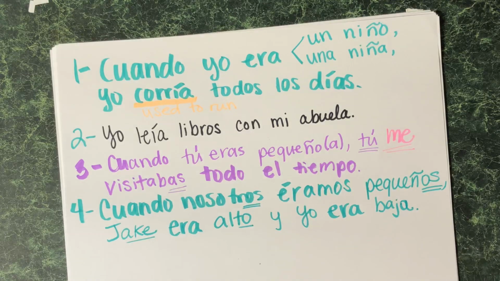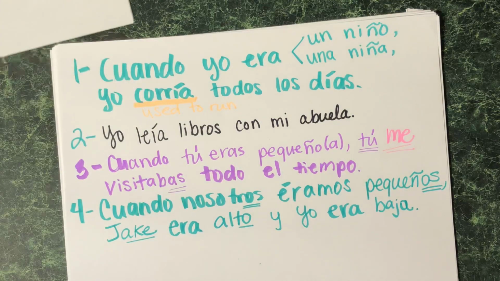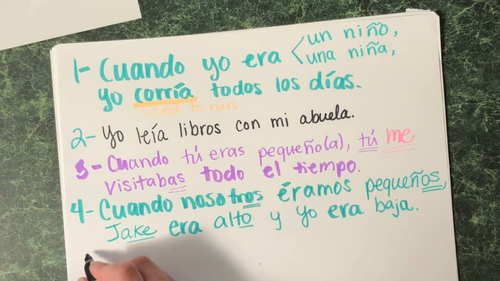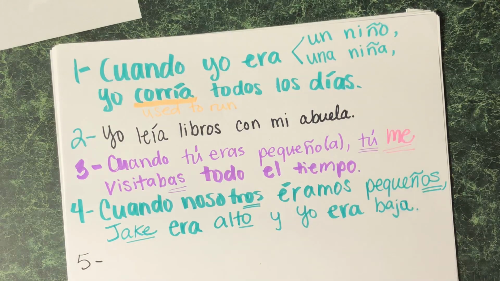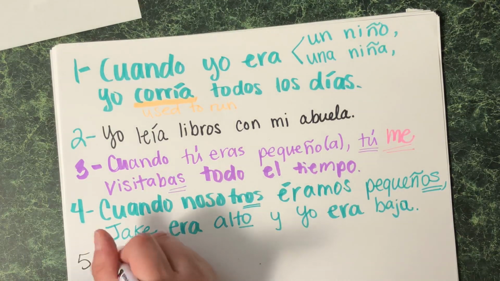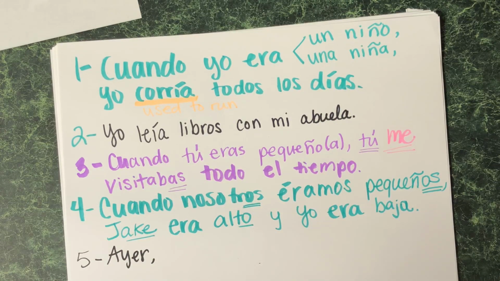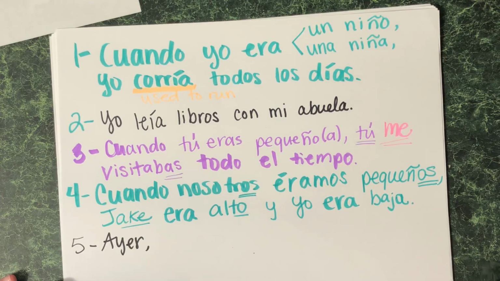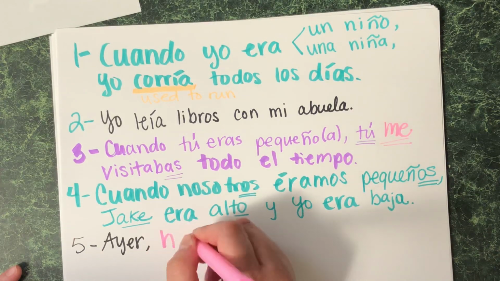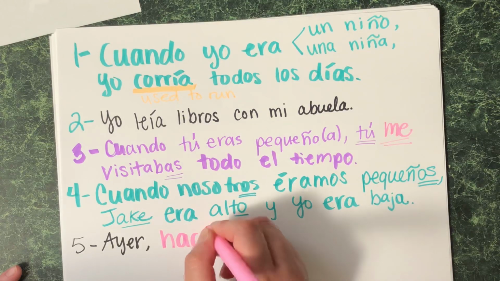Next one. Número 5. It says yesterday. Ayer. The weather was good, but I was sick. To talk about the weather, we could say the weather was good. We're going to put the phrase hacía.